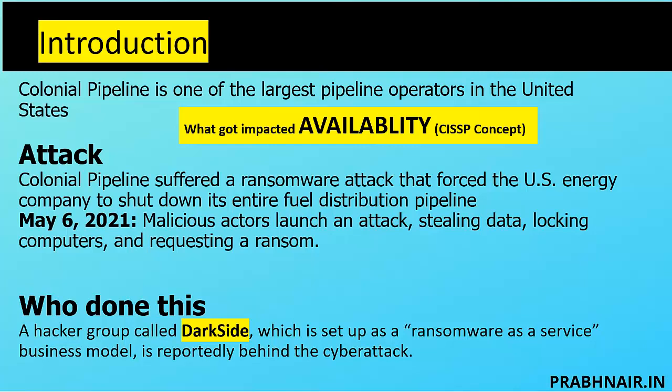In this case also, the initiative was taken by the security team of the company. They shut down the systems, they shut down the further systems to make sure that the attack did not replicate to other systems, and that had a direct impact on the city where the fuel was affected. People were unable to get fuel, the supply was stopped. So ultimately it impacted the availability of the entire operation.